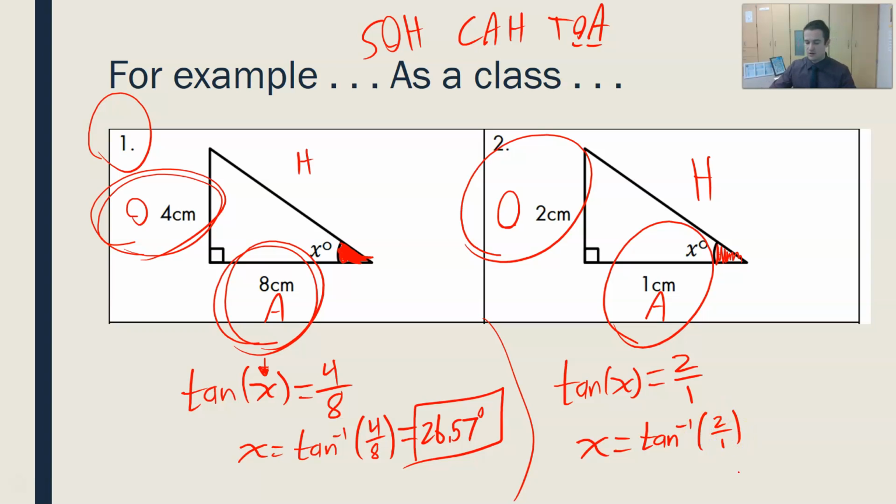So in my calculator, I'm going to push second tangent, 2 divided by 1, close parentheses. And I get x equals 63.43 degrees. About 63 degrees is how big that angle is. These triangles aren't drawn really good to scale, but you kind of get the idea.